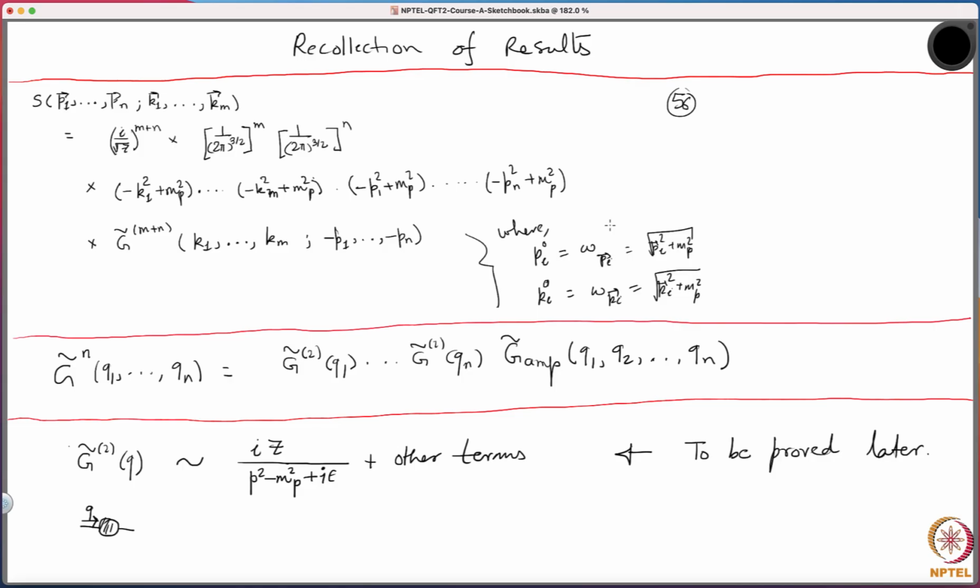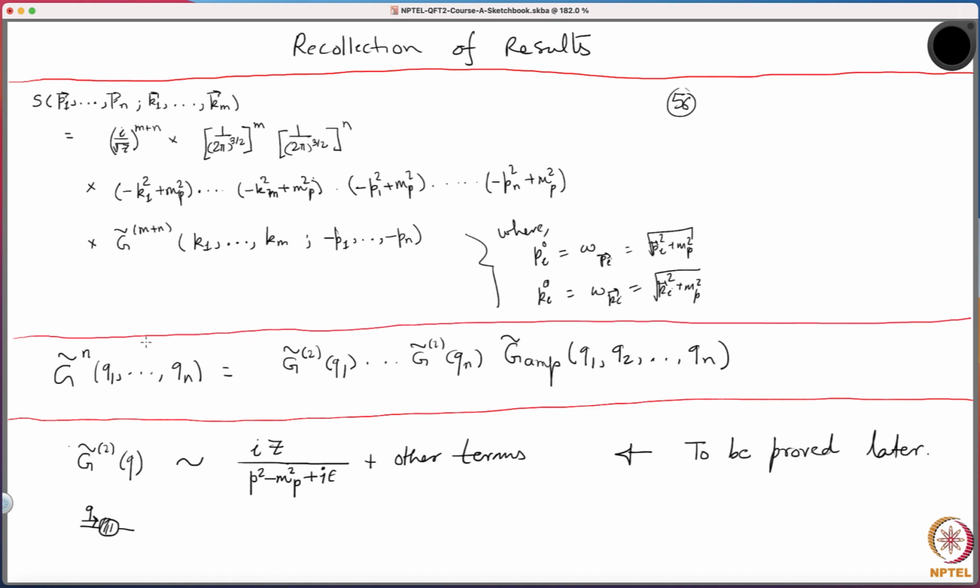So here I have summarized all the results that we have obtained so far. Here is the formula for the S matrix, and this contains the Fourier transform of the Green's function g tilde m plus n.